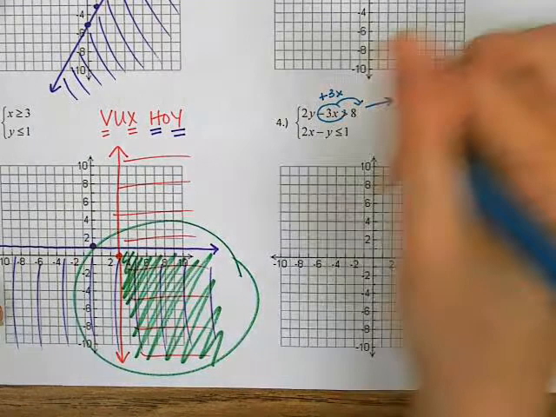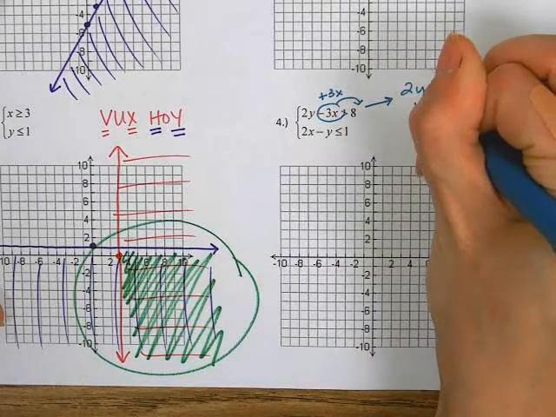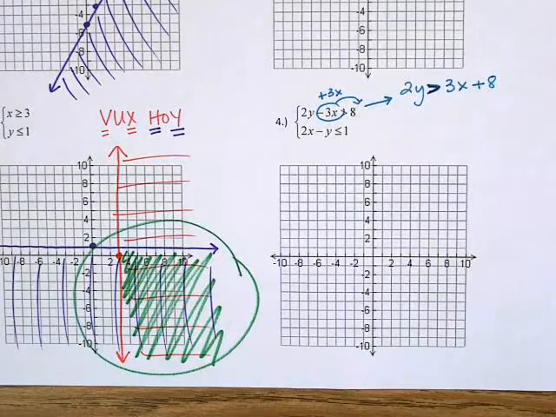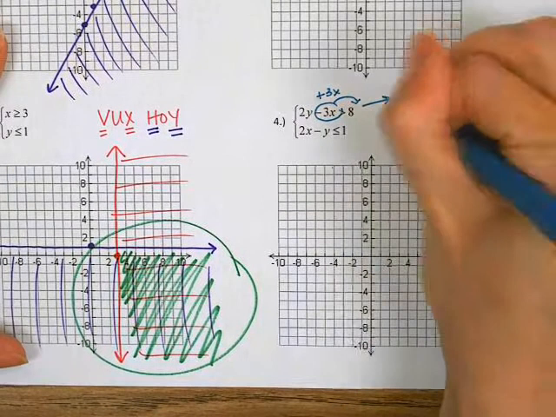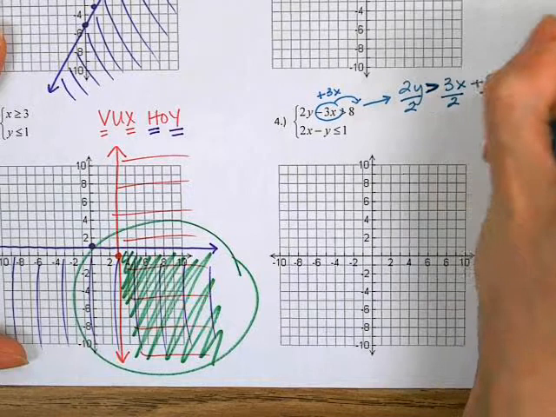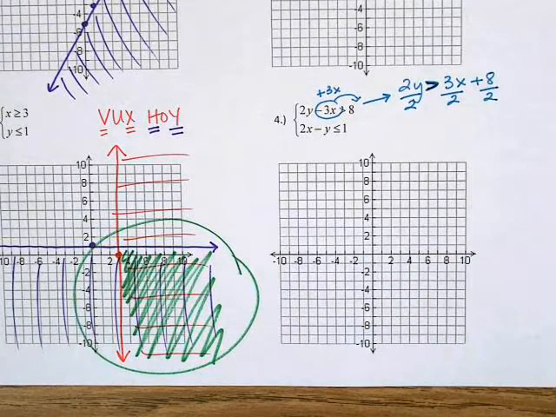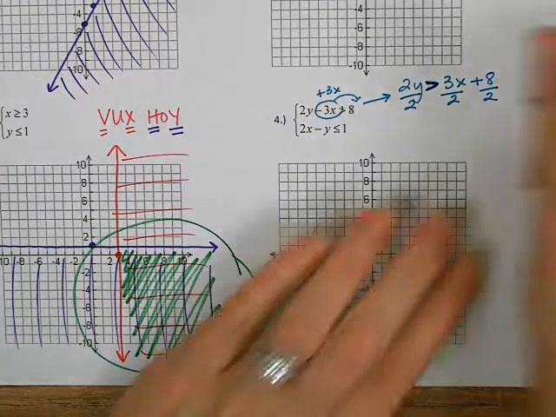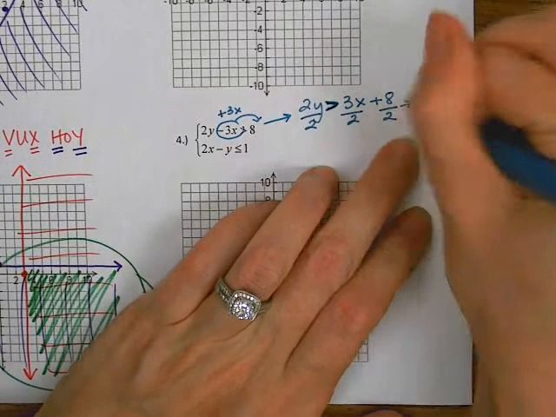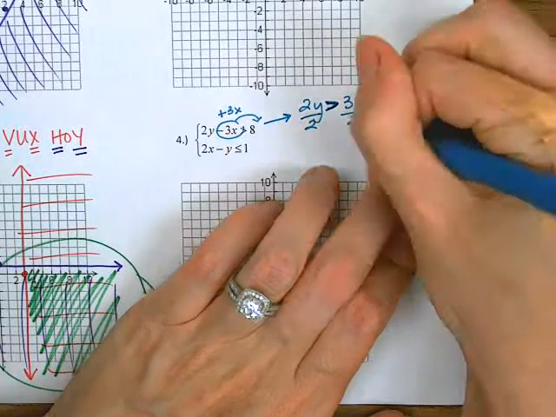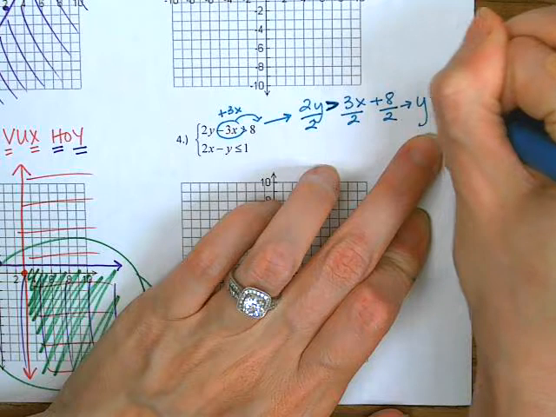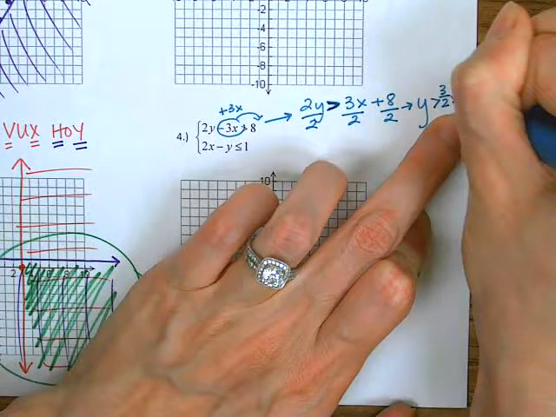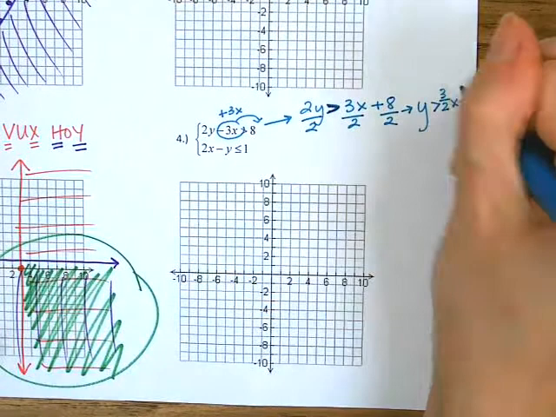Oh, and I'm sorry, this is a greater than sign, not an equal. Greater than. Okay, and then to get y alone, we just divide every single piece by 2. And it ends up being y is greater than, so 3/2 x I'm going to leave, and then 8 divided by 2 is 4. Okay, so this is our first line.